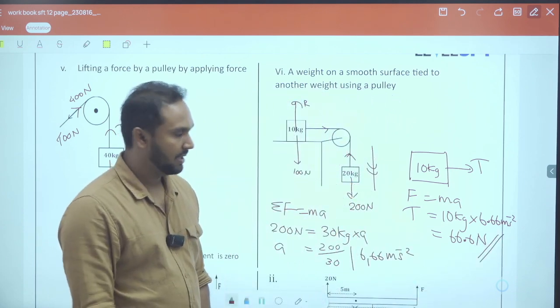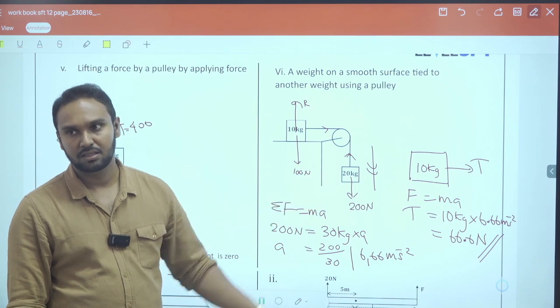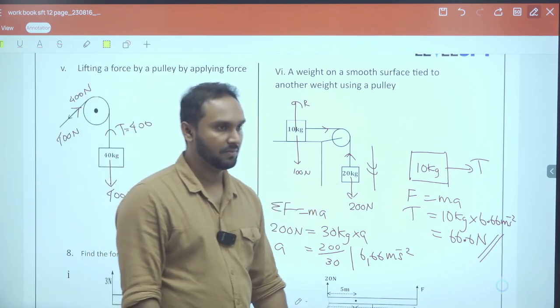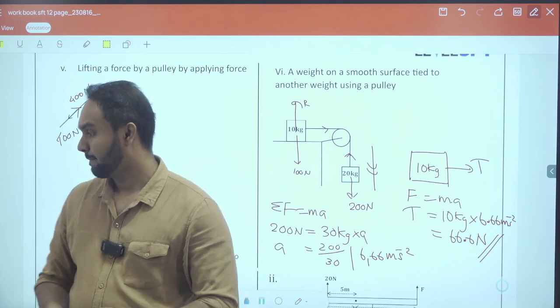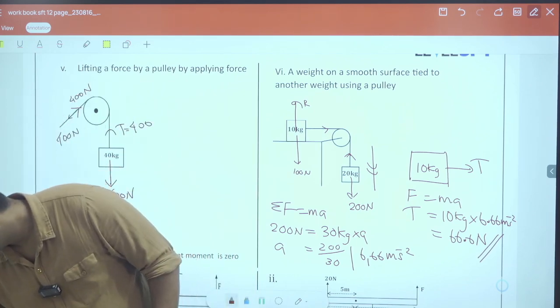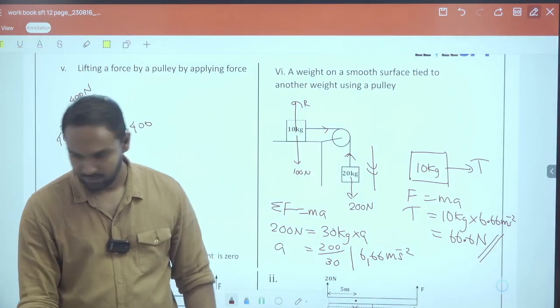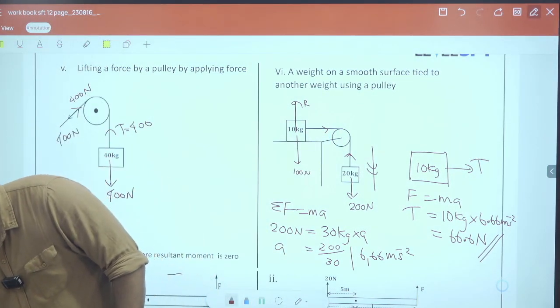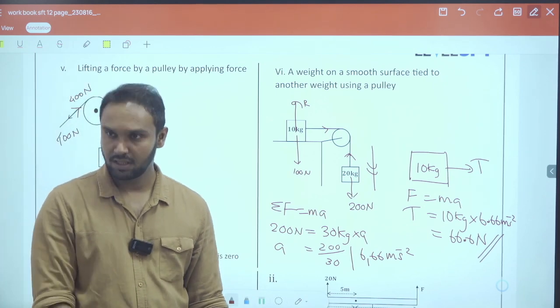The same answer will be there if you put the sigma F equals ma to the 10 kilogram. It will be the same. Understood?